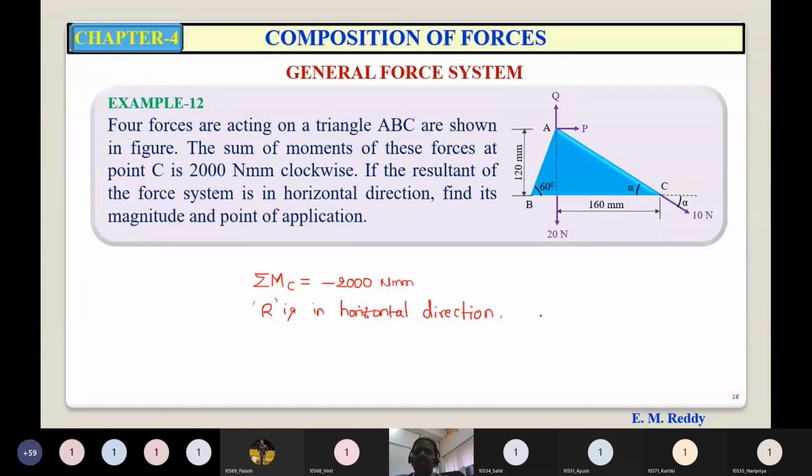If the resultant is in horizontal direction, its vertical component is 0, and its horizontal component itself is the resultant. So summation Fy is 0, summation Fx is R. So using these two conditions, you can find out the magnitudes of P and Q in the figure. Once you get the magnitudes of P and Q, you can easily find out the resultant.